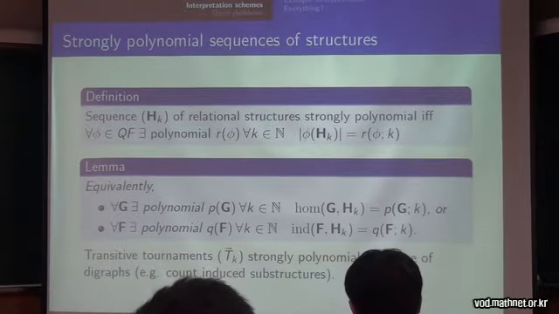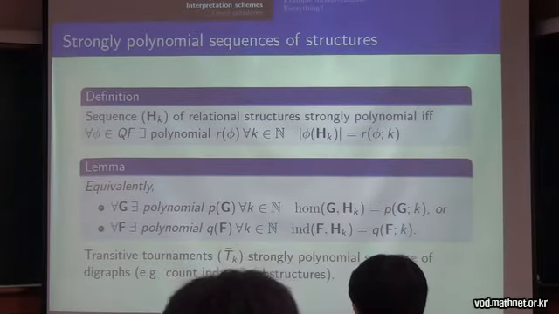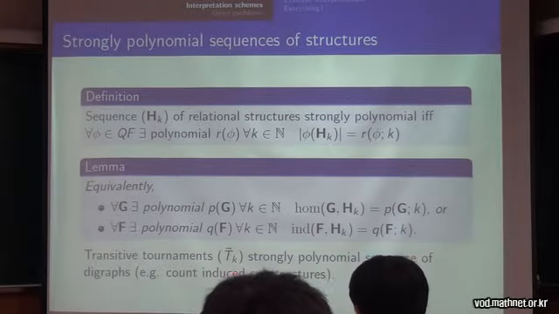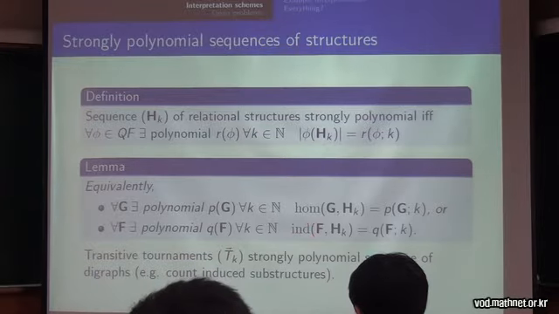So another example of a non-graph sequence which is strongly polynomial is to take a transitive tournament, an acyclic orientation of the complete graph on k vertices. So this is a digraph. It's not a symmetric binary relation. But these are strongly polynomial sequences, and because of this, I can just say, well, what sort of induced substructures can I get?